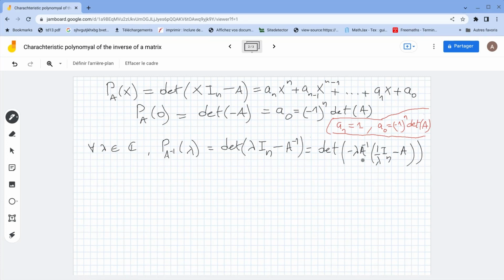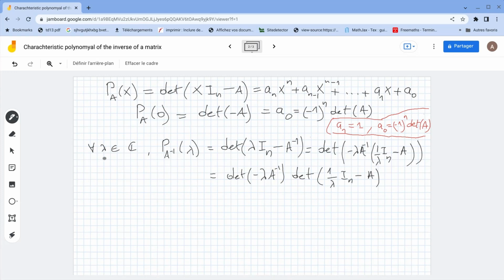So here I just factor by minus lambda A inverse, and I use the formula that the determinant of a product is the product of the determinants. So it is equal to the determinant of minus lambda A inverse times the determinant of 1 by lambda I_n minus A.